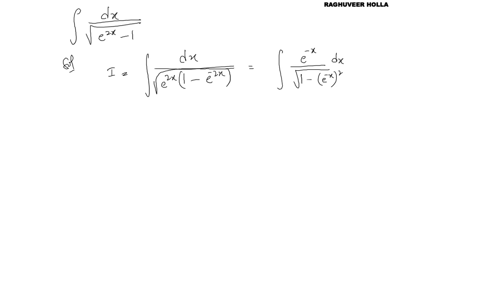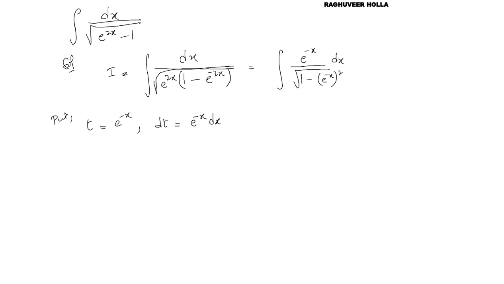Fine. So which is equal to, let us take e to the power of minus x as some variable t, okay. So we get dt as minus e to the power of minus x dx here.